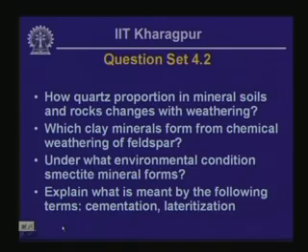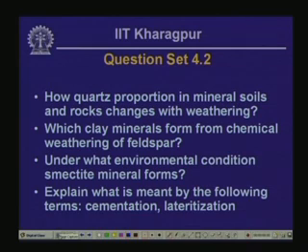Then the second question that I asked was, what is meant by lateritization? This one was also discussed when I was talking about the chemical weathering of orthoclase or K-spar, and what was given is essentially a two-step process.